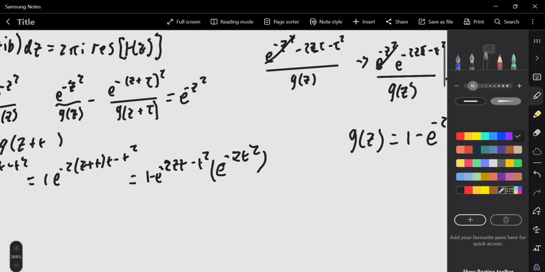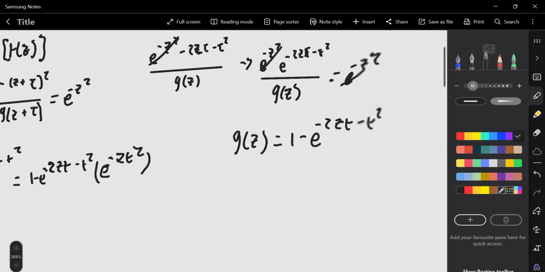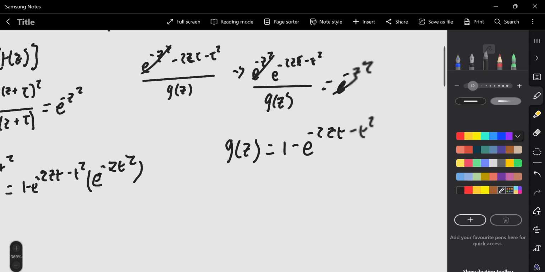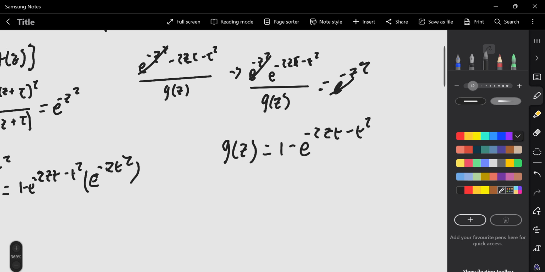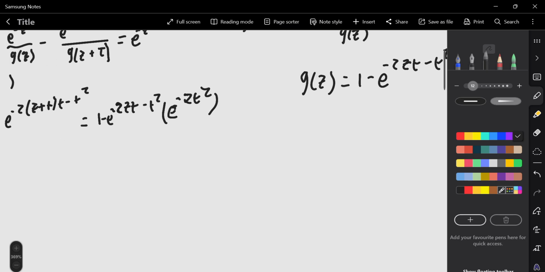Okay. And we want the e to the minus 2t squared, it's a complex number, we said. Squaring gives e to the 2 pi i k, where k is in the integers.